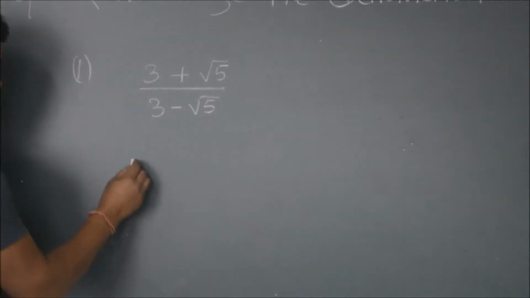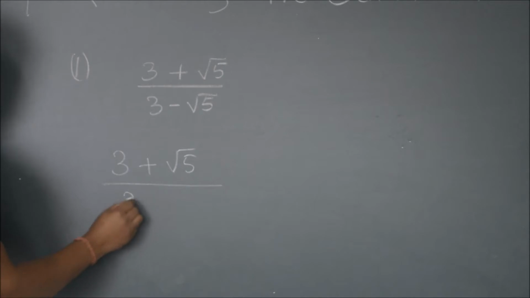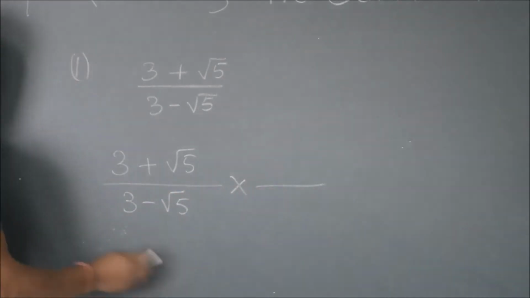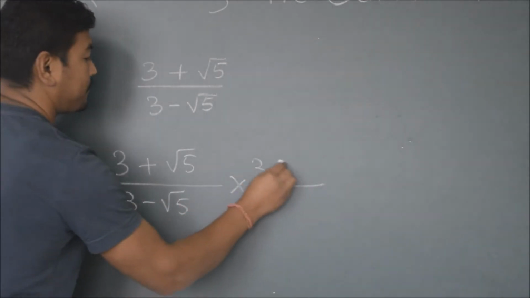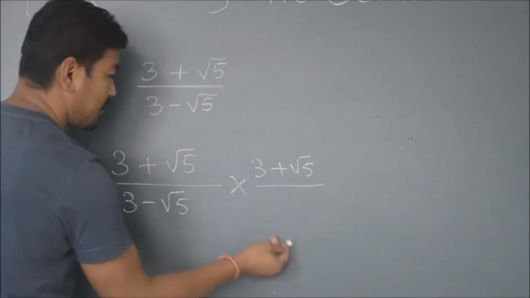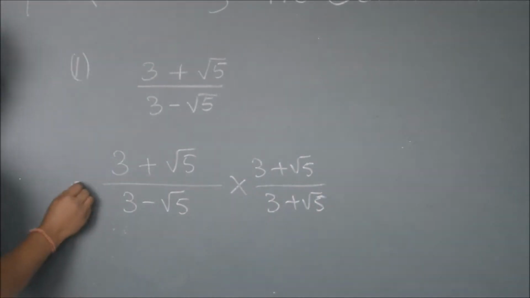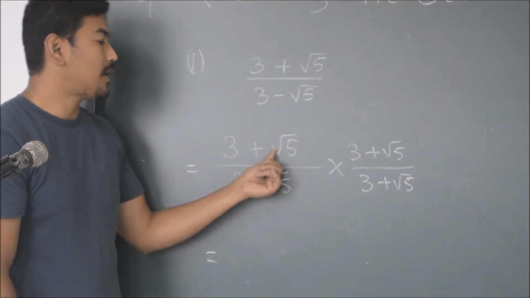So let me do here 3 plus root 5 divided by 3 minus root 5. I am going to multiply this expression by 3 plus root 5 divided by 3 plus root 5, which is equal to, if you check the numerator, you have 3 plus root 5 two times.